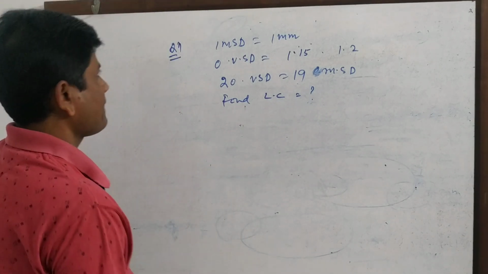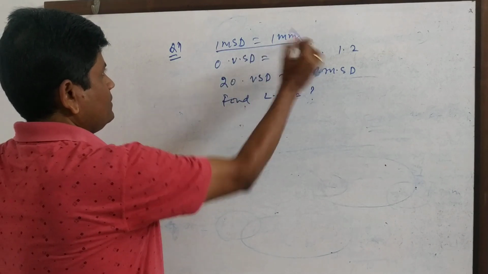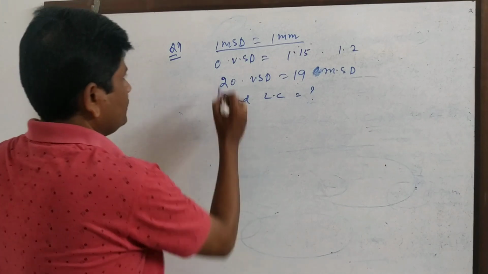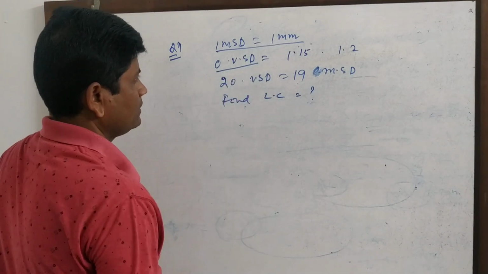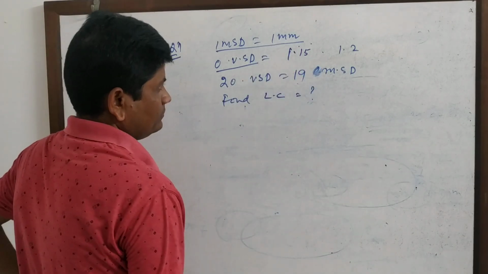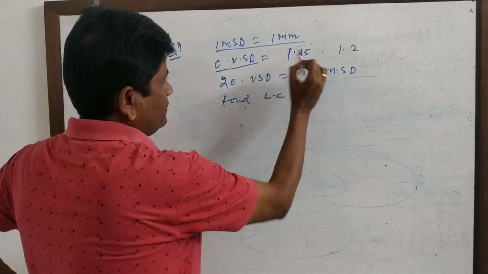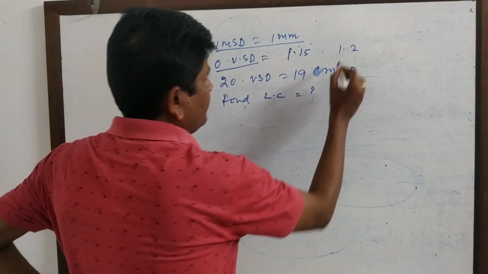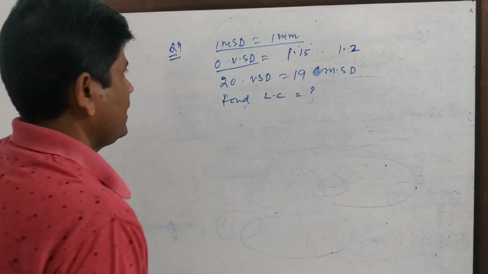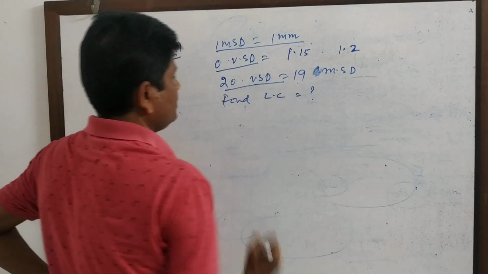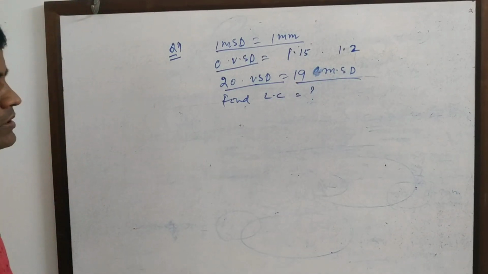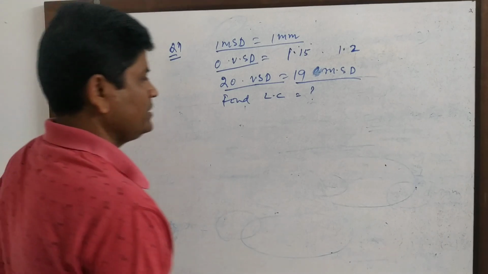Got the question? 1 MSD is equal to 1 mm. The 0 of the Vernier scale division, while taking reading, lies between 1.15 and 1.2, and 20 divisions of the Vernier scale is equal to 19 divisions of the main scale division.